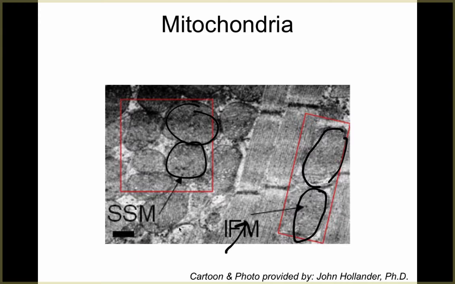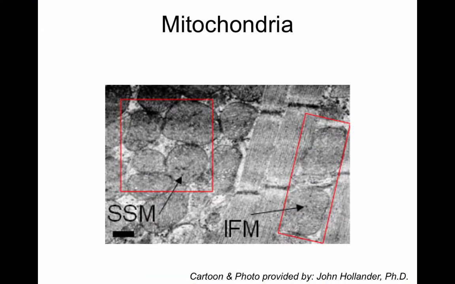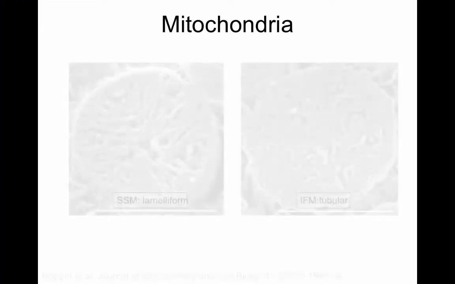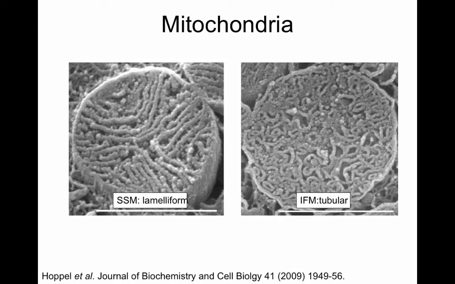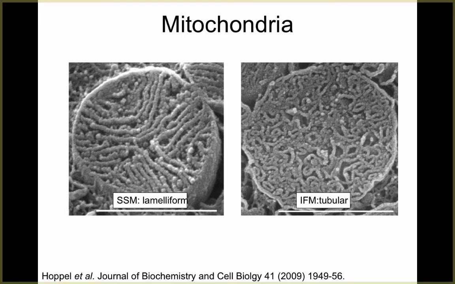And even how many enzymes they have for respiration are different. You can see here, this is electron microscope. Remember, we talked about that in lab. And you can see the difference. If you look here, these invaginations that you can see, right, that come in, those are what are known as cristae.